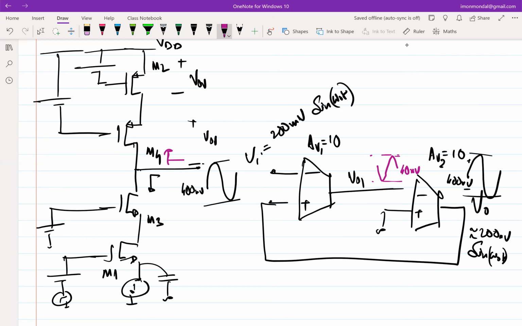If I now say that the output is 400, what is the difference? 0, right? But you cannot neglect something with respect to 0, which means if something comes out to be 0, you have to dig a bit deeper. You will have to take into account that the loop gain is not infinite. This will be 0 only when the loop gain is infinite, because the steady state error is 1 over loop gain.